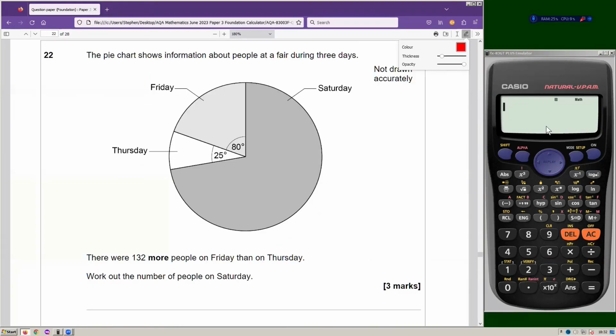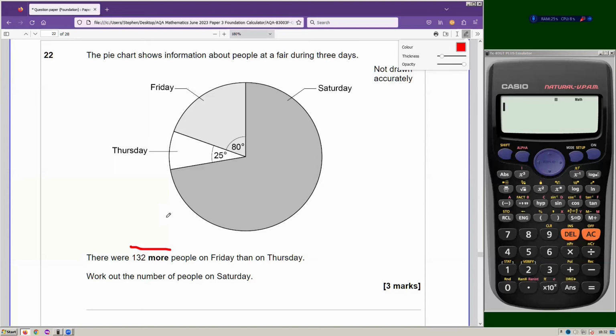Okay. Question 22. The pie chart shows information about people at a fair during 3 days. So we've got, let's have a look. We've got this area here, Friday 80%, Thursday 25%, and Saturday, this big lot here. There were 132 more people on Friday than on Thursday. Work out the number of people on Saturday. So that's our clue to the number of people there.